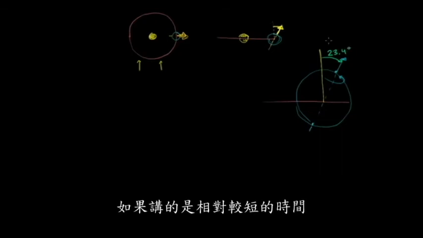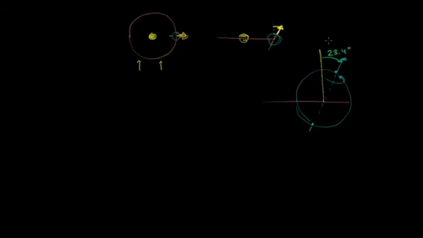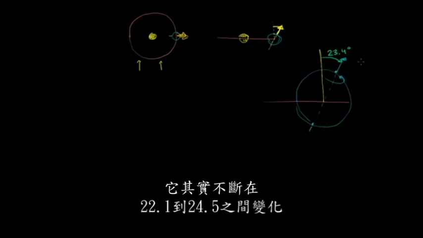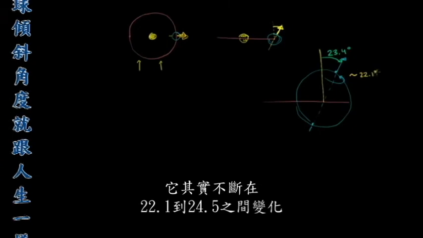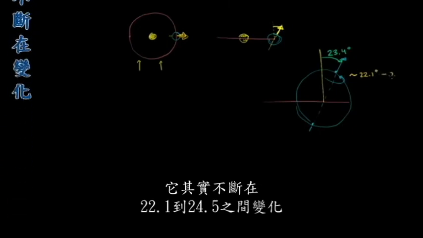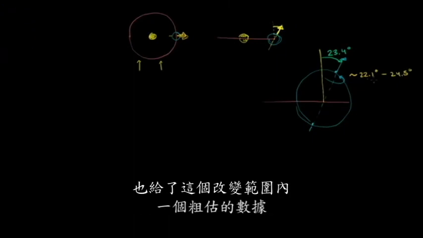And if we're talking about relatively short periods of time, like our lifespans, that is constant. But it is actually changing over long periods of time. That is changing between, and these are rough numbers, 22.1 degrees and 24.5 degrees, if my sources are correct. But that gives a rough estimate of what it's changing between.